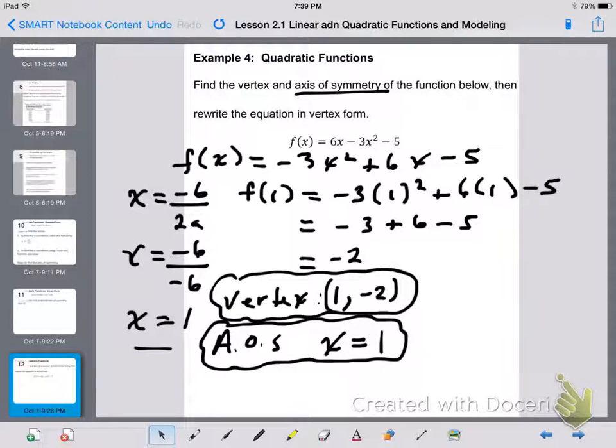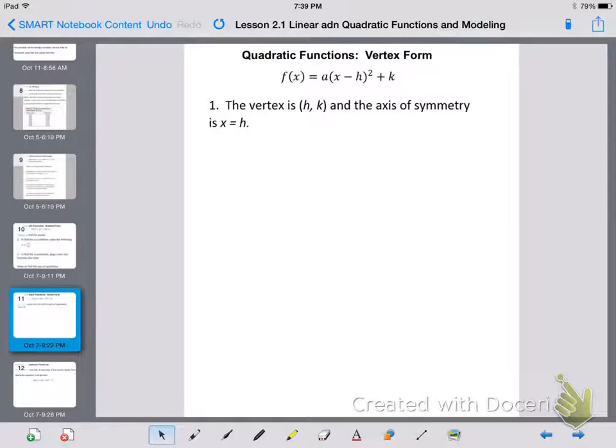Before we rewrite it in vertex form, let's take a step back and look at vertex form for a minute. The big thing and why vertex form is nice is because we can immediately identify what the vertex is. The vertex is the ordered pair h, k, and the axis of symmetry is x equals h.